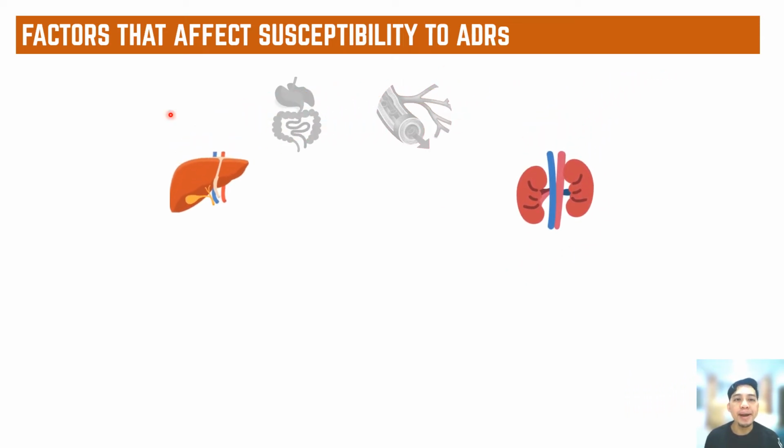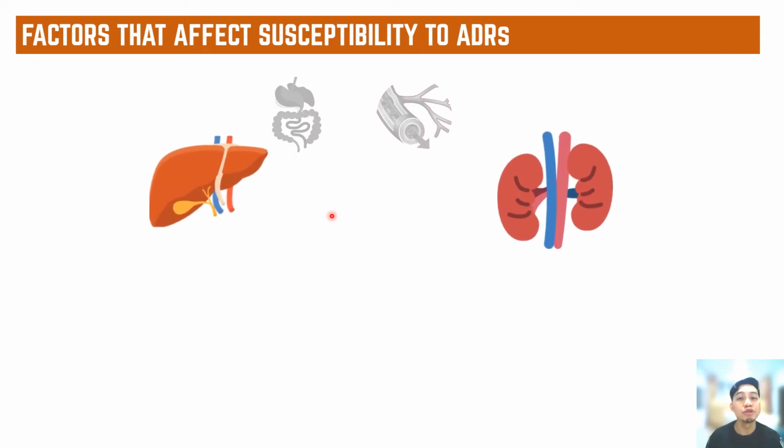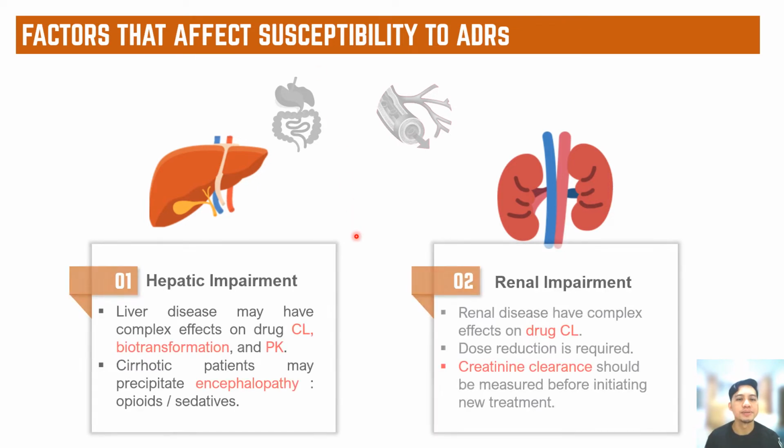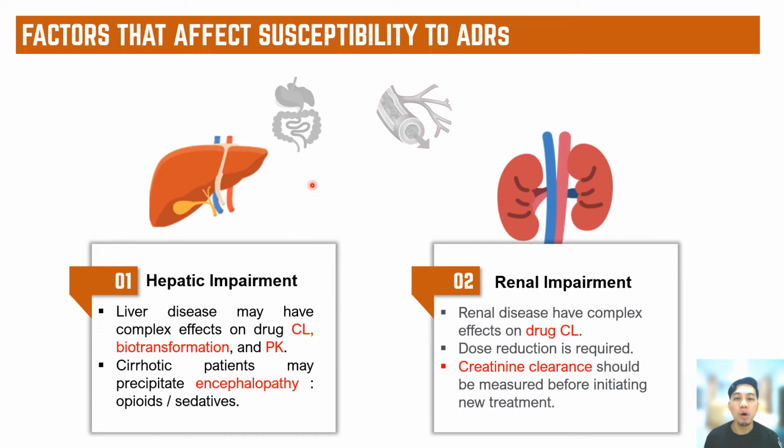So, impairment of these two organs will impair the drug pharmacokinetics, which will be the main cause of adverse drug reactions. The liver is the main organ of drug metabolism, so it is the most vulnerable to adverse drug reactions, especially when the patient has liver disease that may have complex effects on drug clearance, biotransformation, as well as pharmacokinetics. A cirrhotic patient, which is one of the liver diseases, may have brain encephalopathy precipitated when taking opioids or any sedative medications.